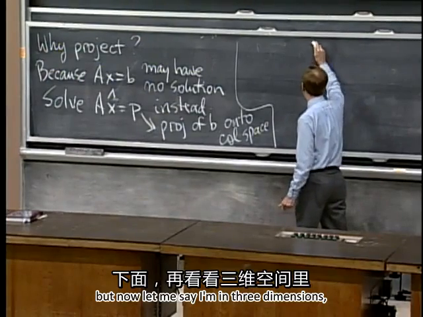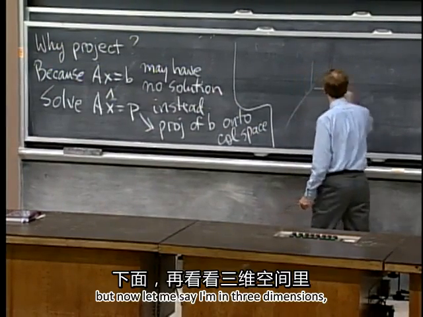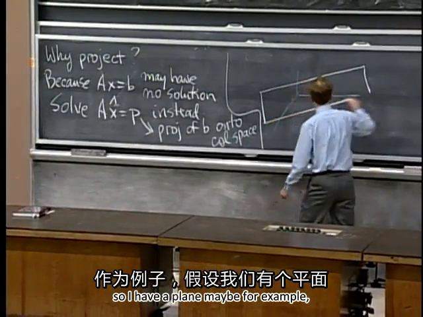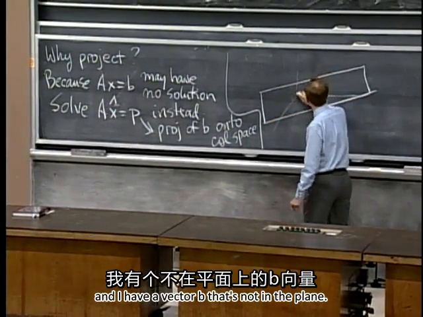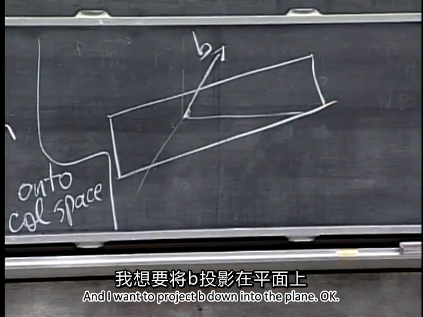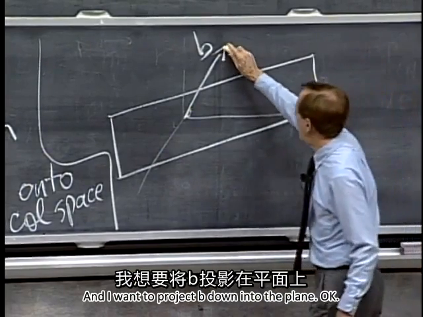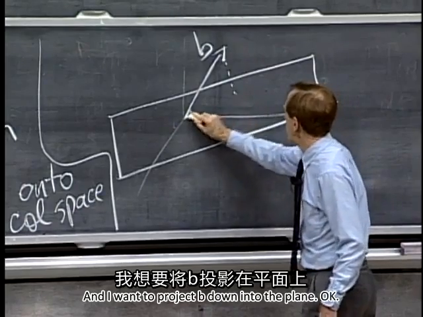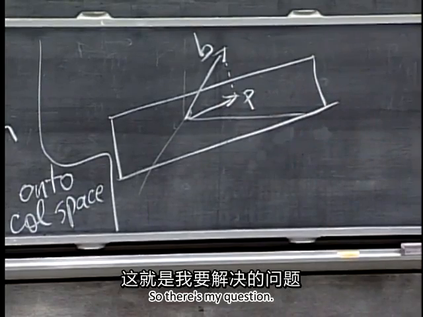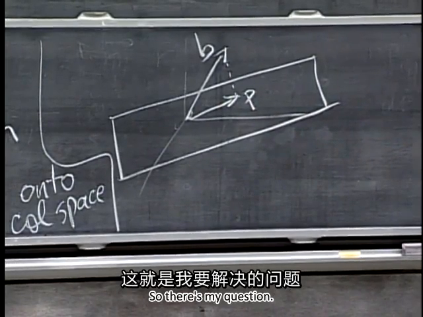But now let me say I'm in three dimensions. So I have a plane, maybe, for example, and I have a vector B that's not in the plane. And I want to project B down into the plane. So there's my question.